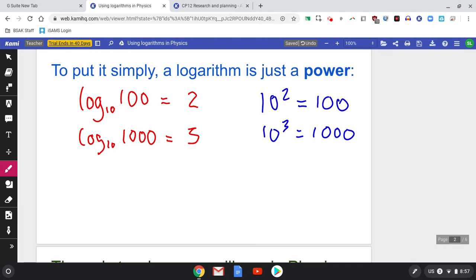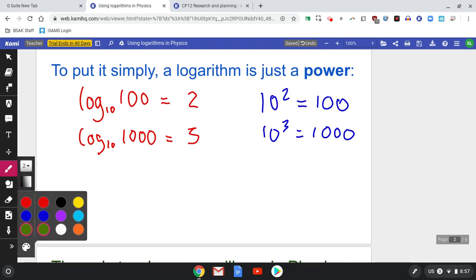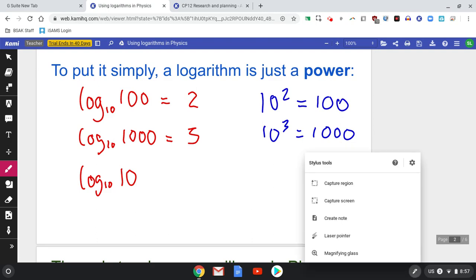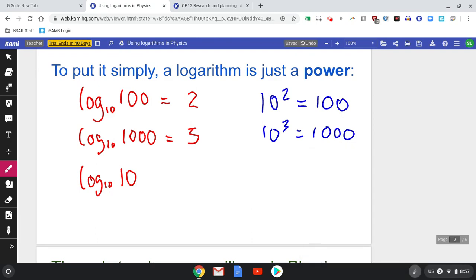Okay. One last one. This is an important one because it is incorporated as one of the log rules. What about log base 10 of 10? What if the base and the number we're logging are the same?